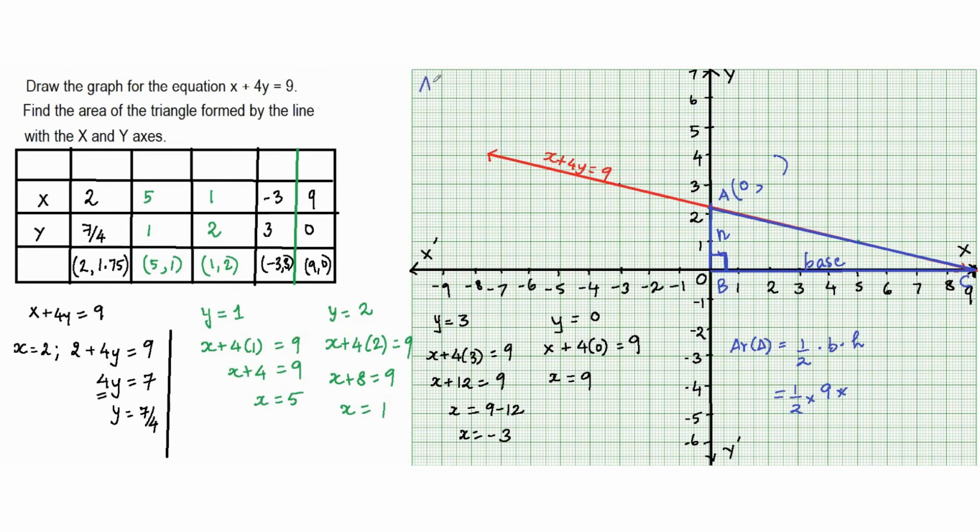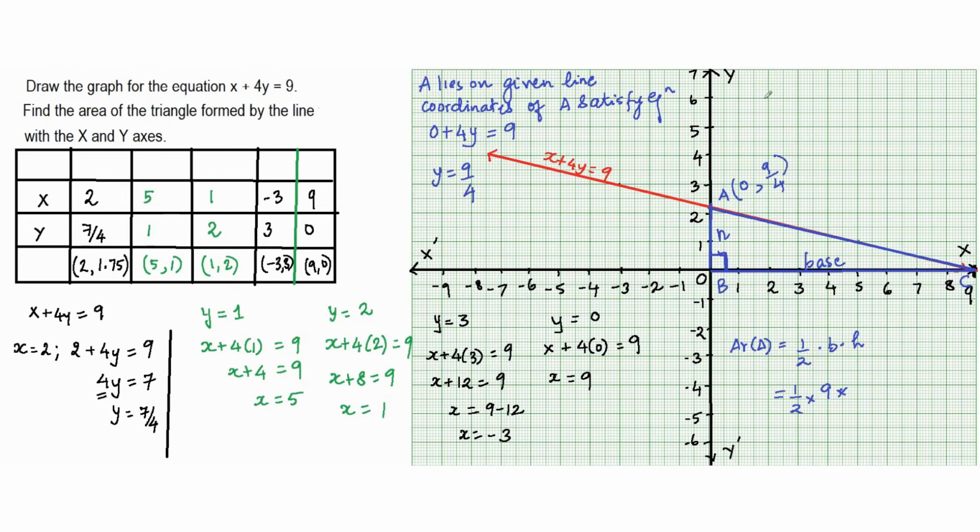So A lies on the given line, which means that the coordinates of point A satisfy the given equation. And therefore I can say that 0 plus 4y should be equal to 9, which means y equals 9 by 4. So this particular y coordinate is going to be 9 by 4.